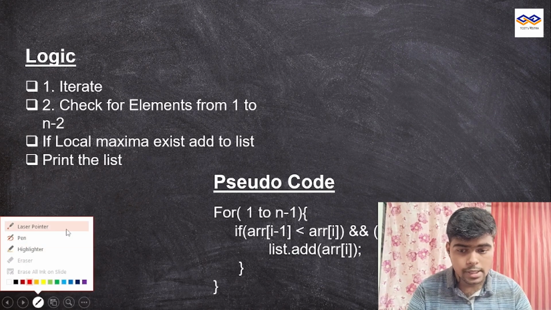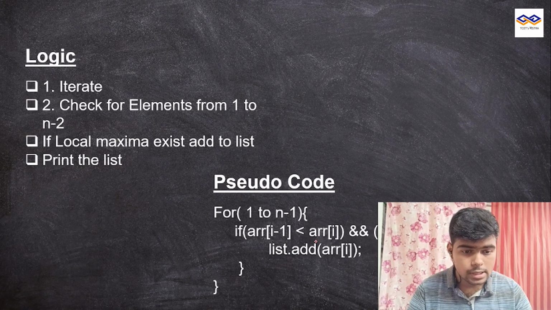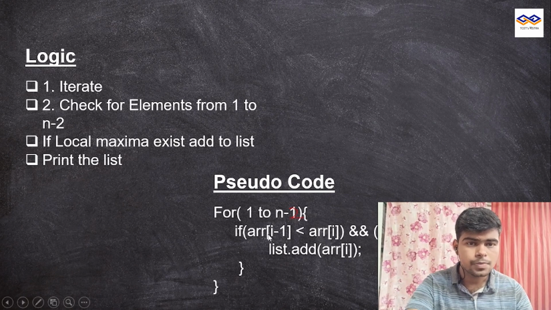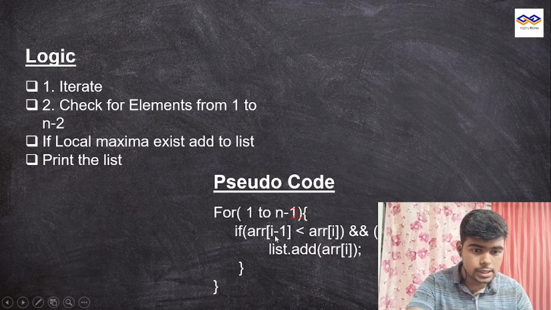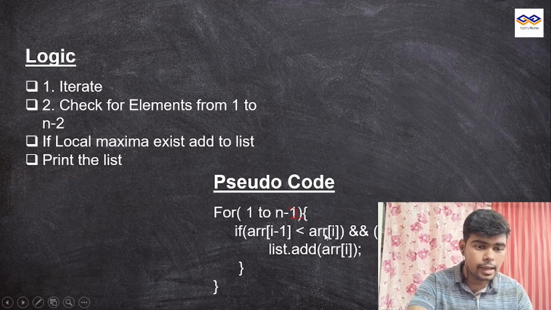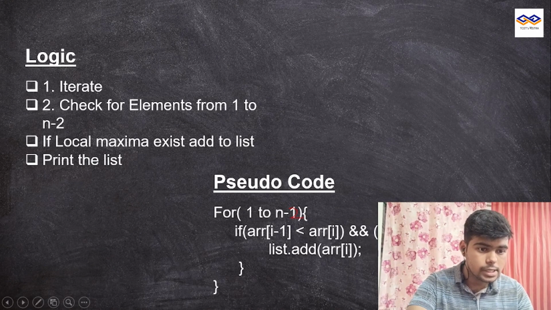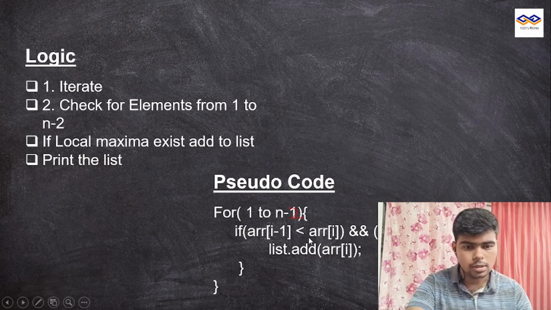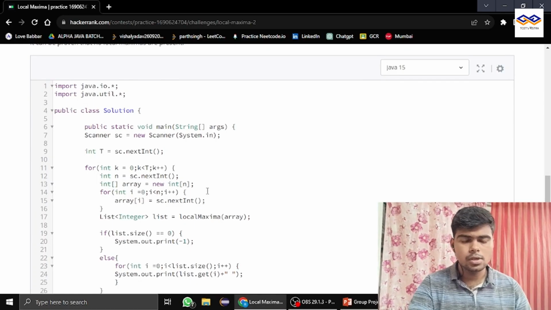If the preceding element is less than the array element at i, and the succeeding element is less than the array element at i, then I call it a local maxima and add it to the list. So here goes my code.